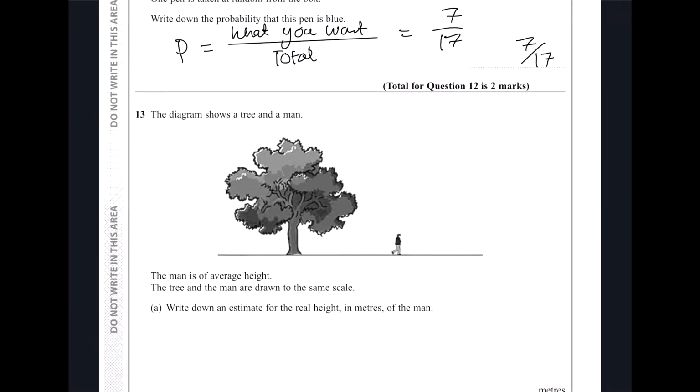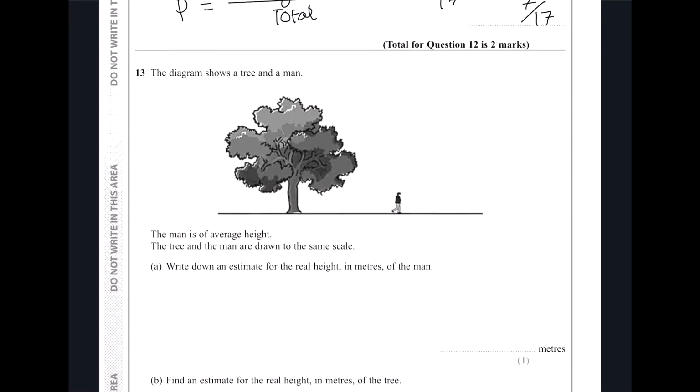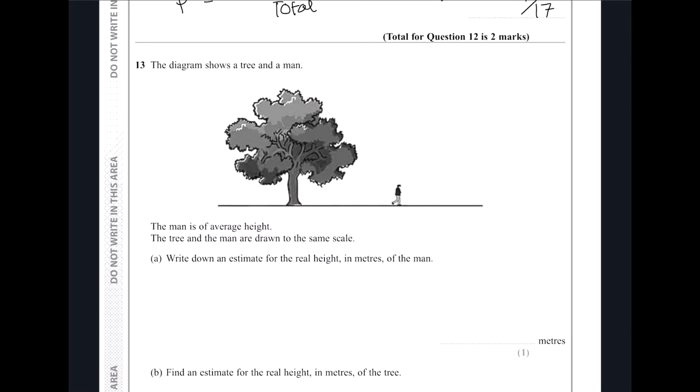Next one, the diagram shows a tree and a man. The man is of average height. The tree and the man are drawn to the same scale. Write down an estimate for the real height in meters of the man. I think you just need to know roughly what an average man's height is.